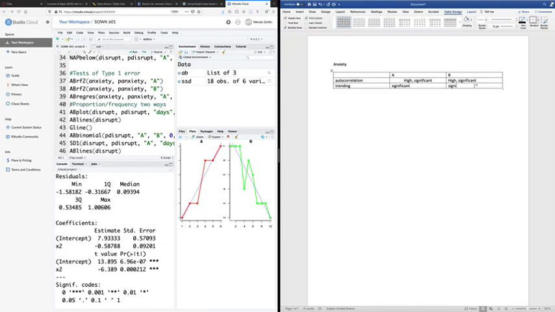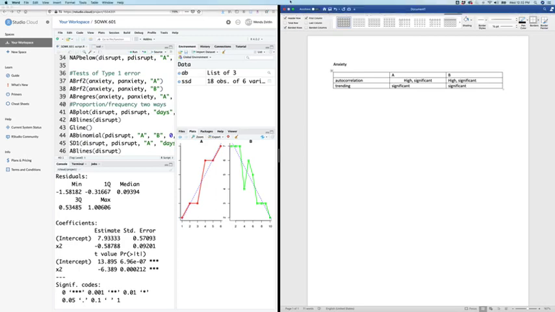Now, if I was going to put this in a paper, I would neaten this up a bit. But if we had low or not significant here in both phases and a trend in either of these phases, we would be using the CDC, but that's not the case here.